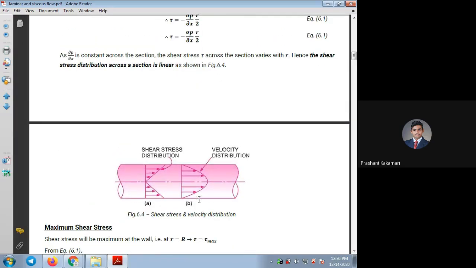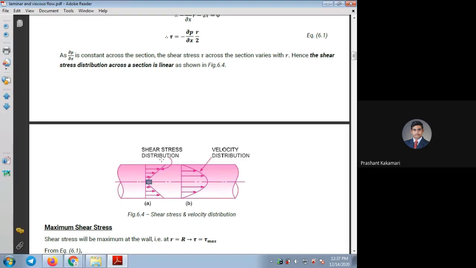By this equation, you can observe that as the radius increases, the magnitude of the shear stress is going to increase. So at the wall, the shear stress will be very high. At the center of the pipe, at very low values of r, the shear stress will be minimal.